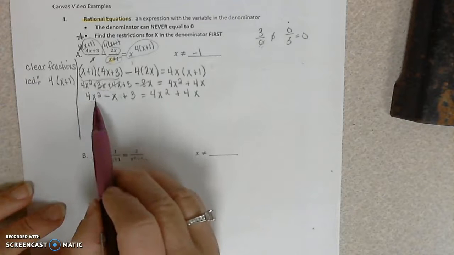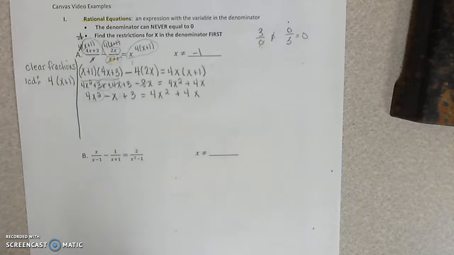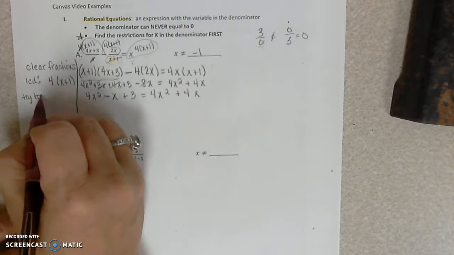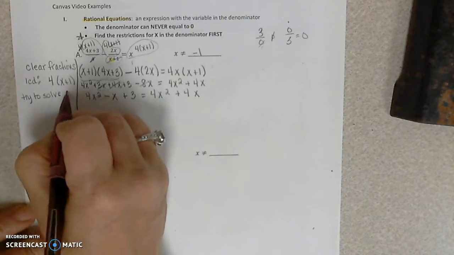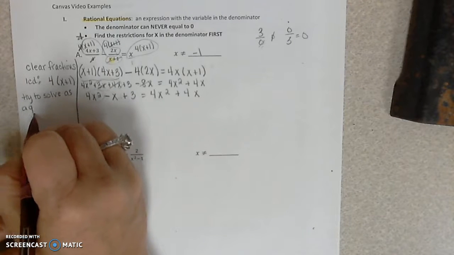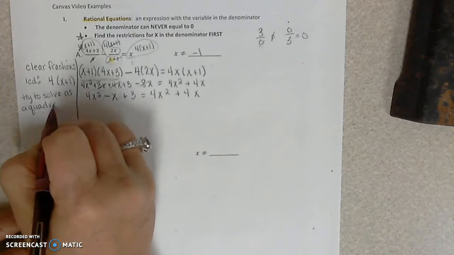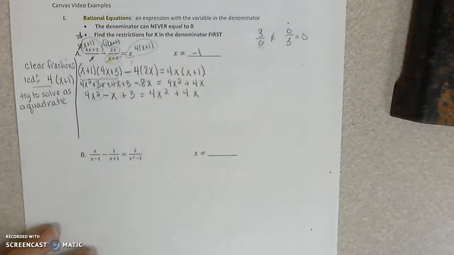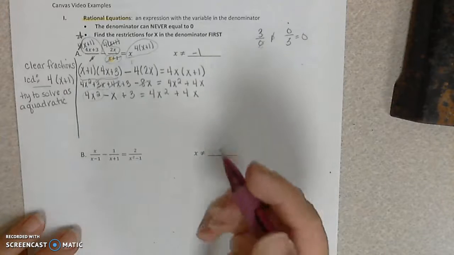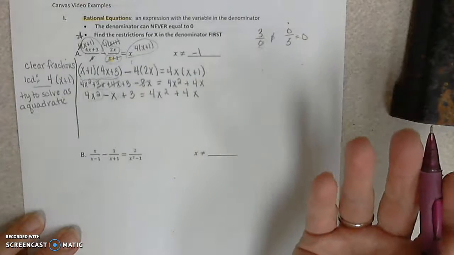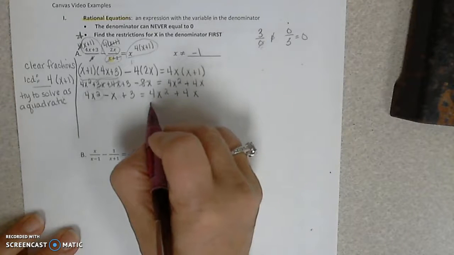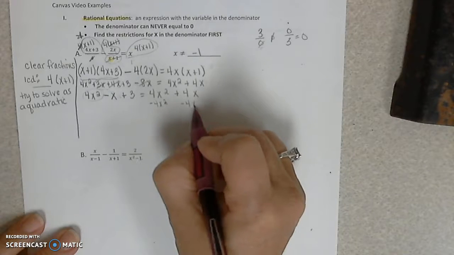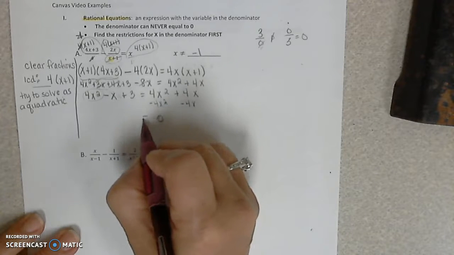Now, we've got 4x squared, we've got a quadratic term, so we're going to try to solve it as a quadratic. And I know to do that because of the x squared terms, and in 1.4, that's what we studied. So the first thing to do would be set it equal to 0, right? That was that zero factor property. So let's subtract a 4x squared and subtract a 4x there, so I'll have 0.